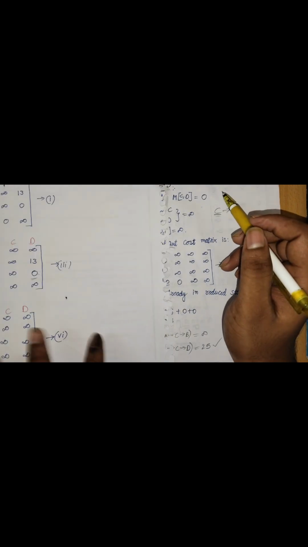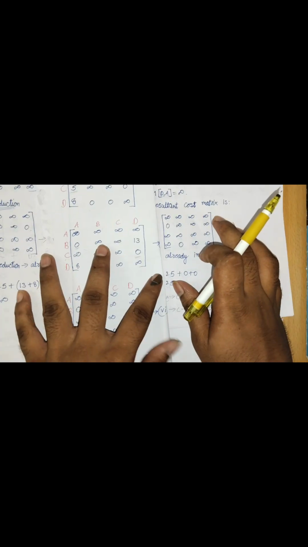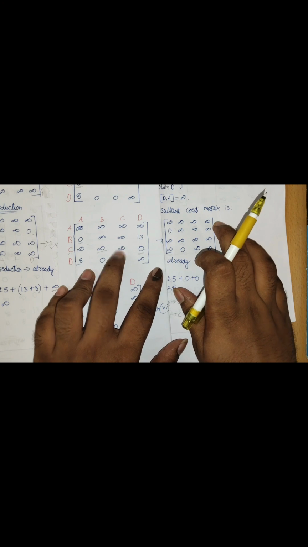M of D comma A should be infinity. Let's compare these two, you will get more clarity. So what you have to do, replace row C and column D with infinity. Row C is this one, column D is this one. Replace both with infinity. And the D comma A element should also be replaced with infinity.